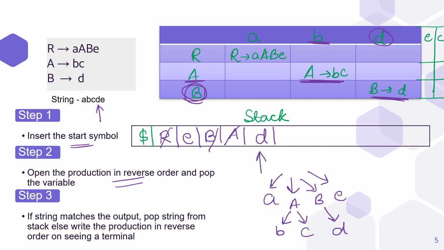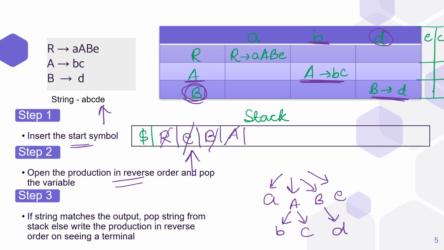Here you can see that our string is also pointing to D and our stack top is also D. So there is a match. Since there is a match, it would pop out the value of D, and popping out the value of D means we have to increase this counter to E. Now the top of the stack is E and our string is also pointing to E, so it would pop out.